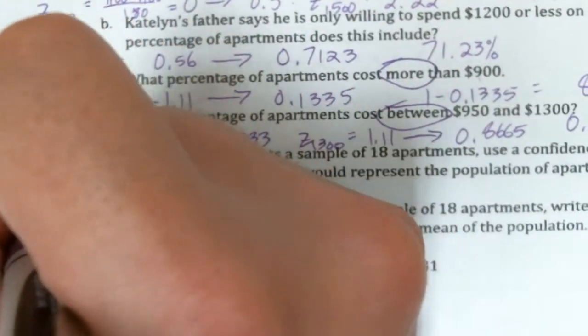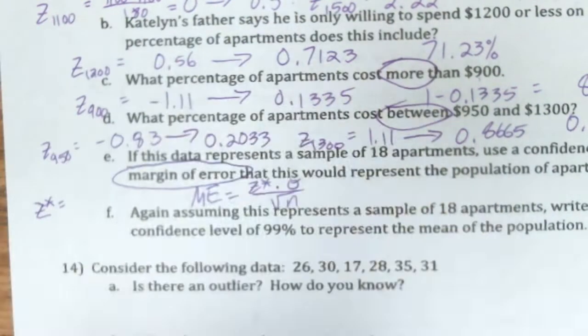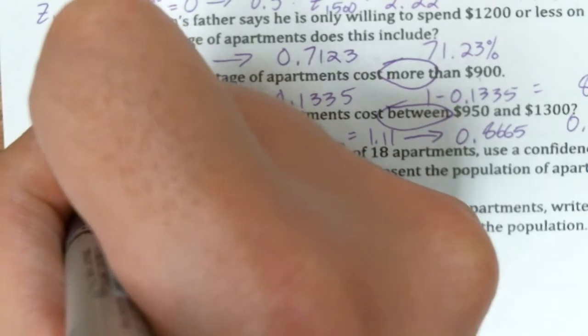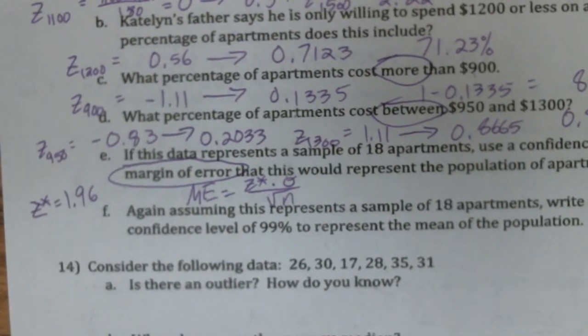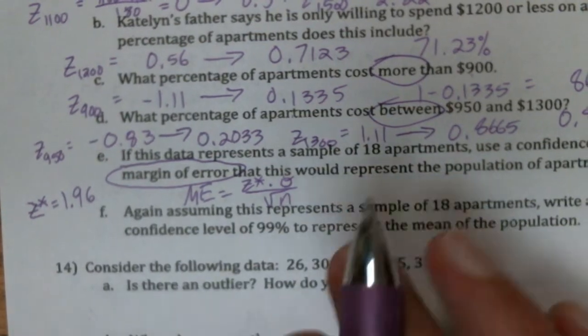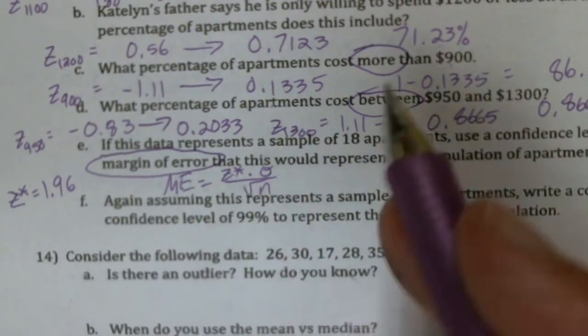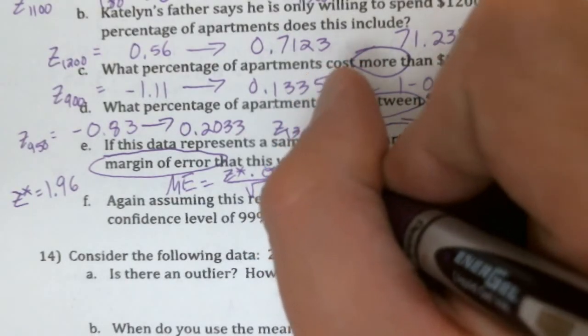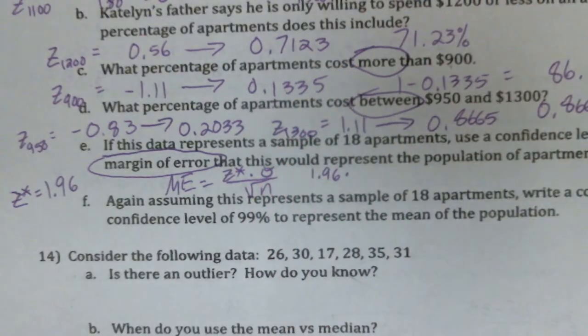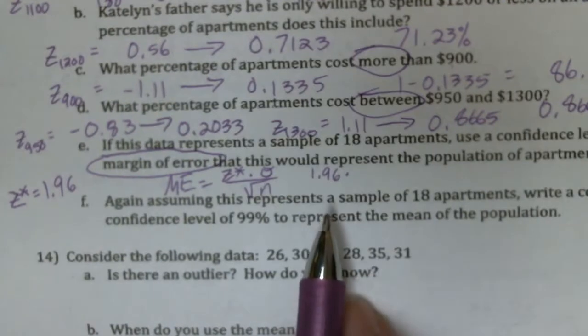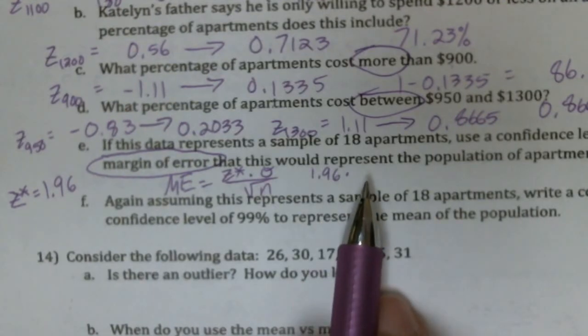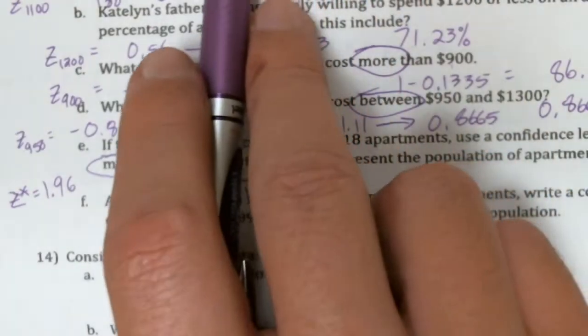All right, so the Z-star for a 95% confidence level, that was your 1.96 number. 99 was 2.58. 90% was 1.64, but you don't have to memorize those. And now it's just plug and chug, guys. I'm just going to stick in a 1.96 here. So 1.96 times my standard deviation, which was, what's our standard deviation?